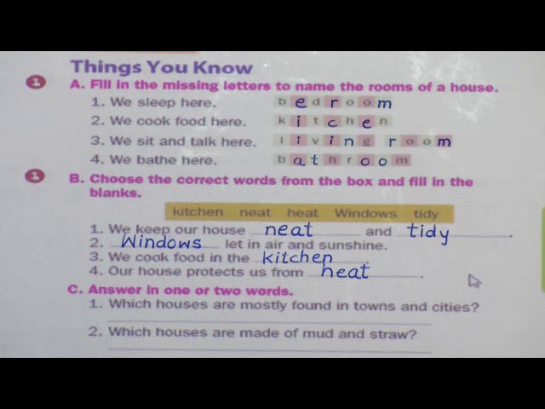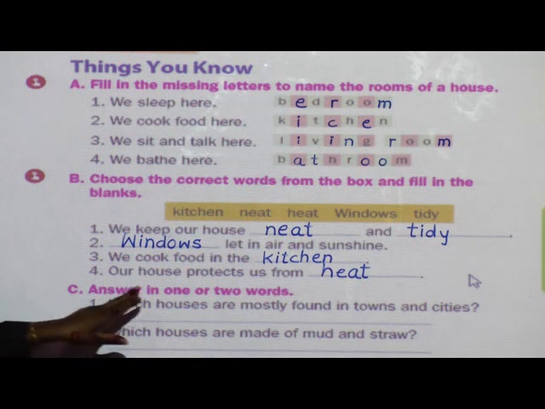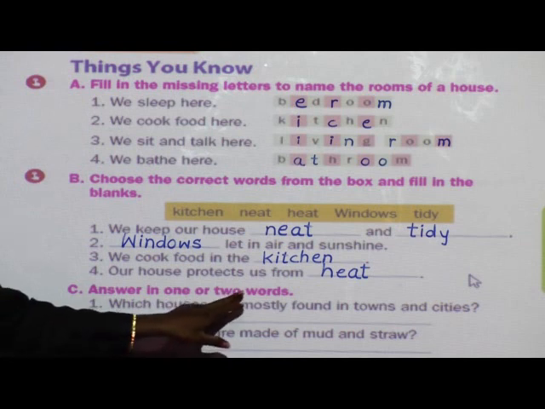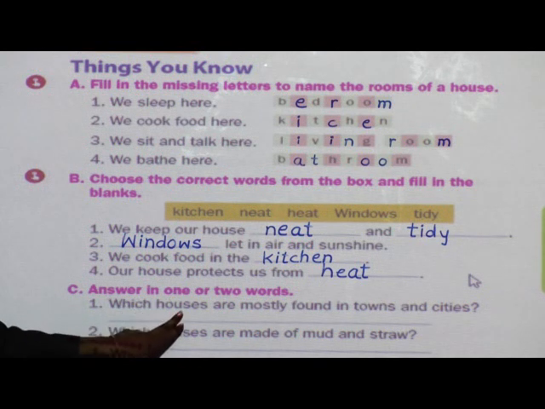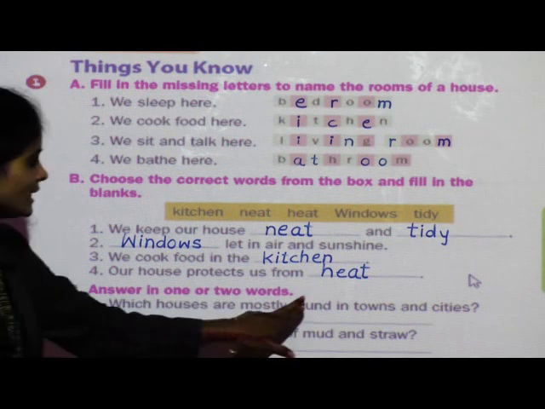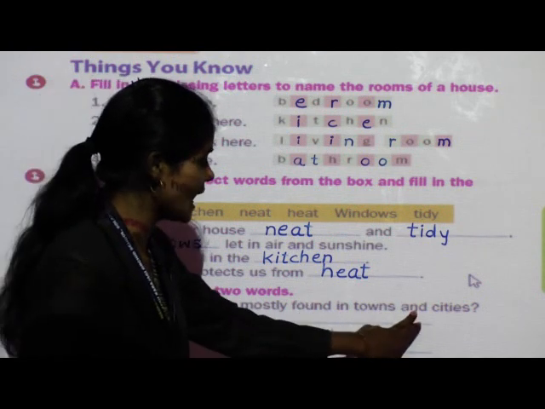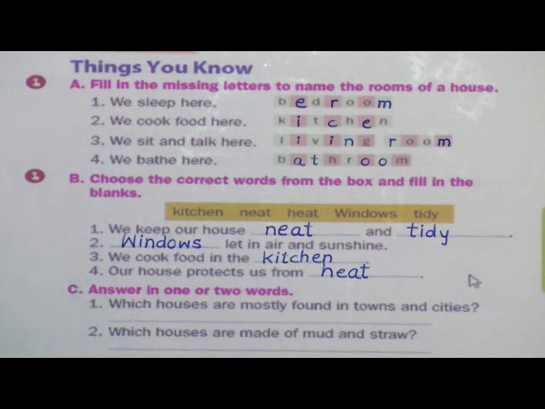Next. Answer in one or two words. See, first question. Which houses are mostly found in towns and cities? Tell me which houses we find in cities and towns?